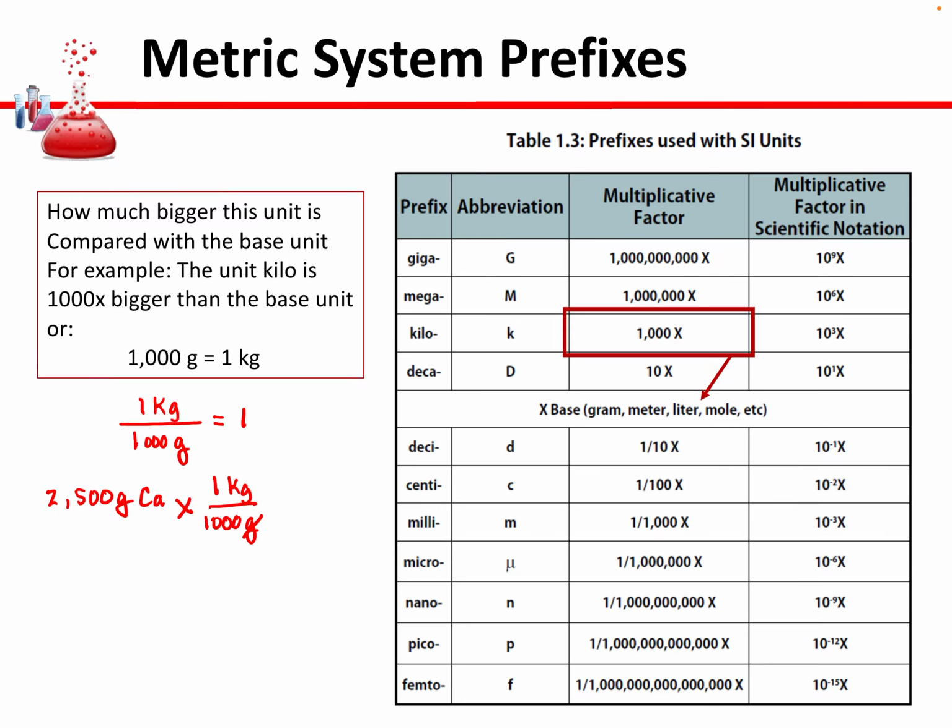My grams are going to cancel out, and then I will be left with kilograms of calcium. And if I divide by 1,000, I'm going to move my decimal place back 3 places. That will be 2.5 kilograms of calcium.